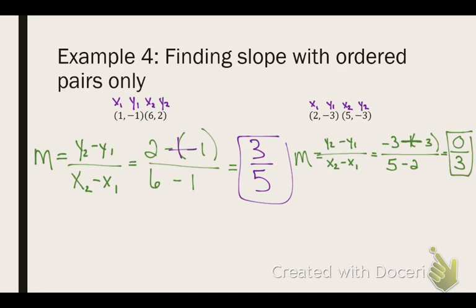This is not your answer. Anytime 0 is in the fraction at all for slope, you have to take it one step further and say slope is 0. Or if 0 was in your denominator, what would you say? Undefined. Slope is undefined. And if you understand that, that's everything you need to know for section 4.2.